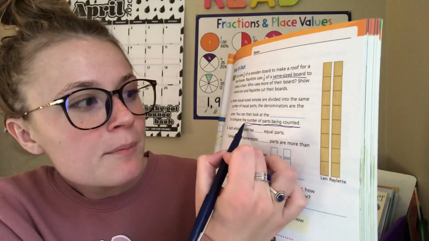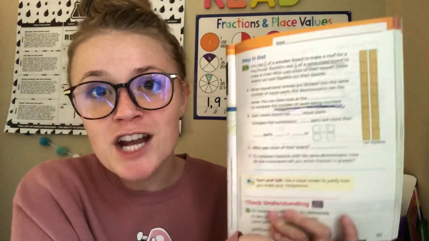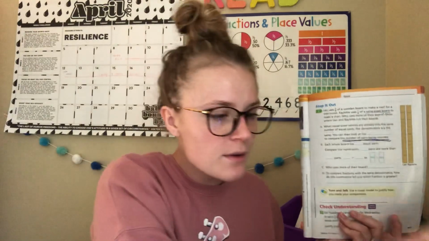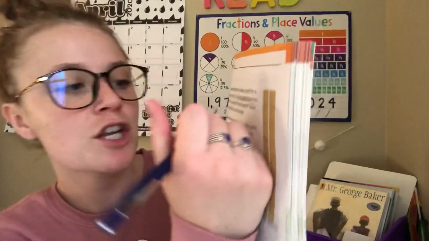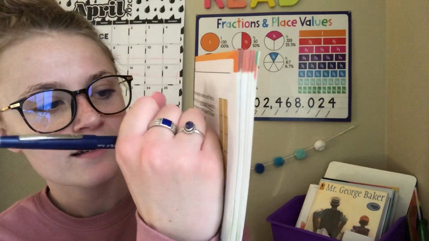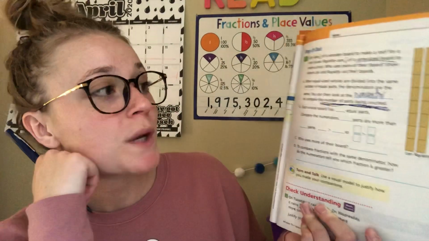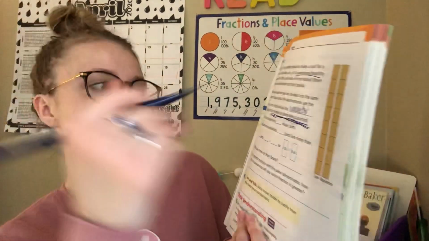Is that ringing any bells? Is anyone screaming? Oh my gosh, I know what that is. Look at our whiteboard. Where did it go? Parts being counted. That is our numerator. Yay. Okay. So you can look at the numerator to compare the number of parts being counted.